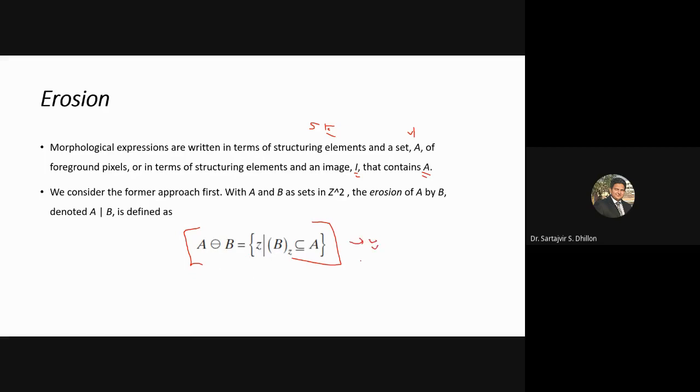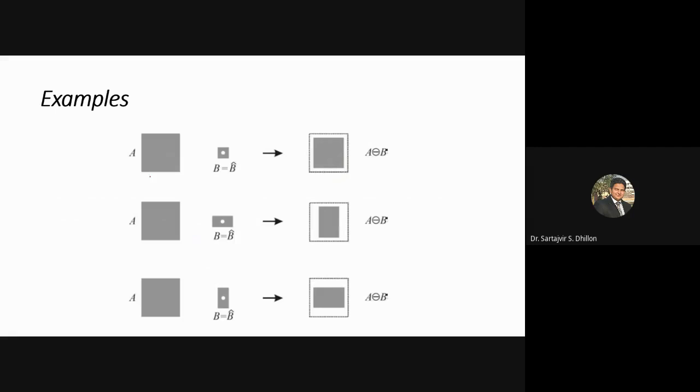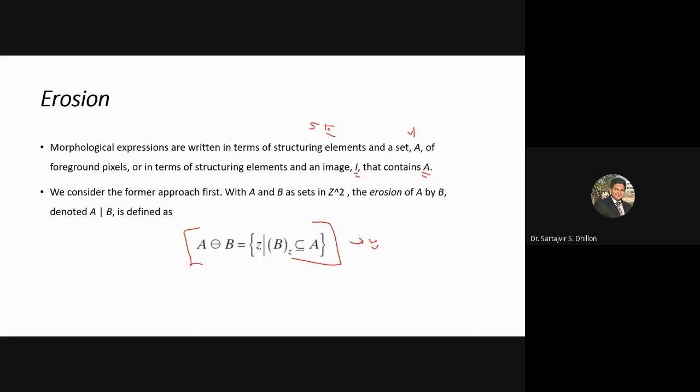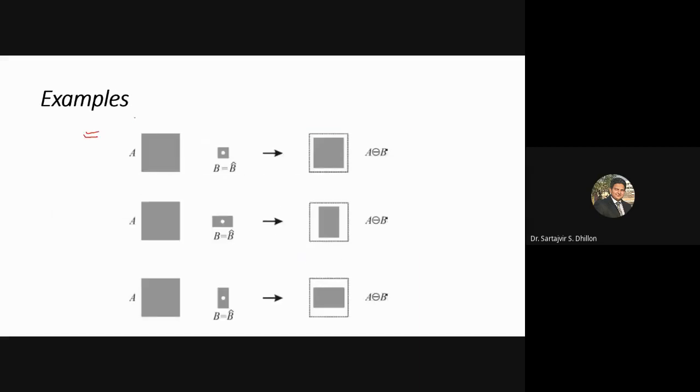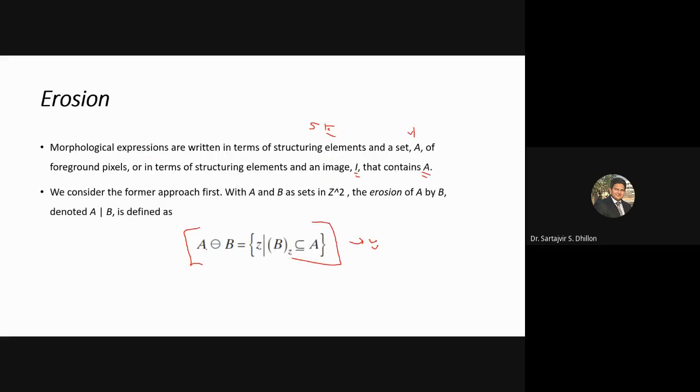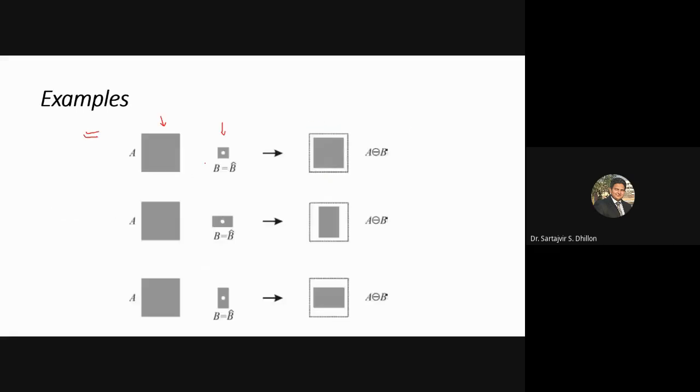First we will understand some basic examples, then we will do the detailed example of erosion. Now this is a basic example. For example, this one is your image and this is a structuring element, and once you apply this expression on these two on a pixel by pixel basis, you will get this type of information.